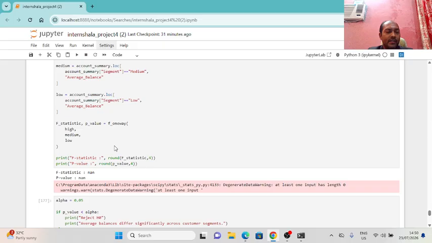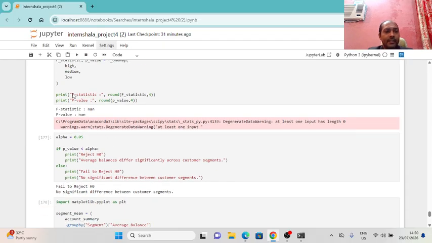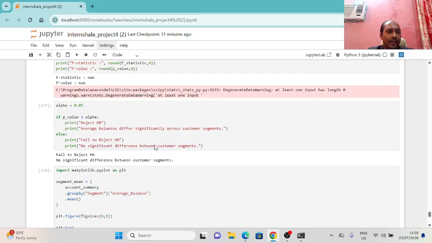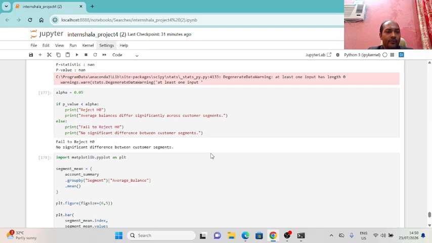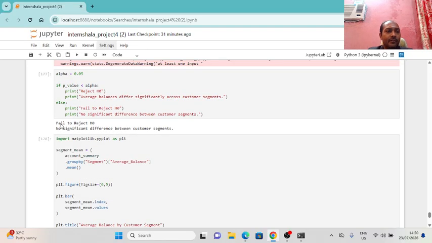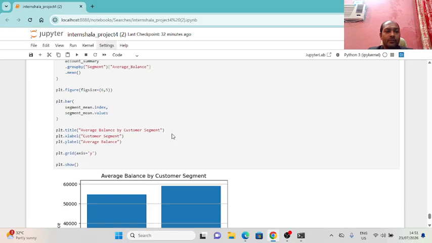And then on the basis of that data I have calculated the F statistic and P value. So we have calculated the F statistic is none and the P value is none, and alpha is 0.05. After calculating this, we can see that we failed to reject H0, no significant difference between the customer segments found.